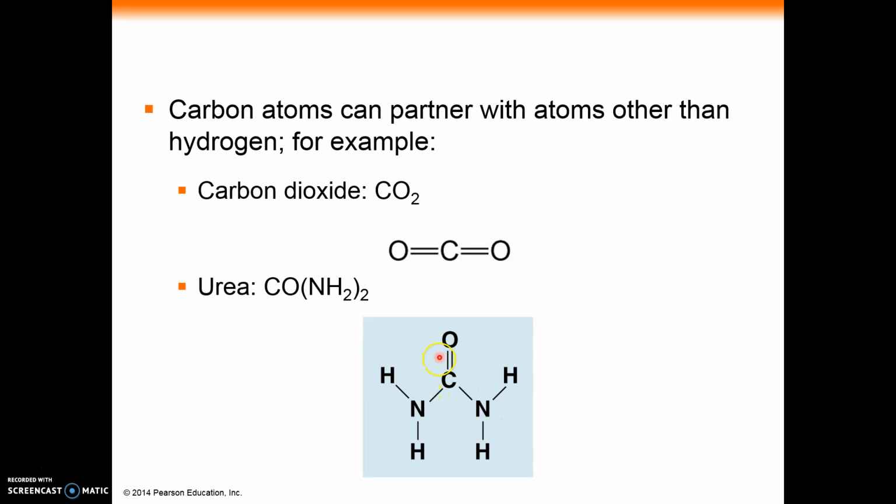So carbon, we can breathe out as CO2. Nitrogen, we can't breathe out, so what we do is we pee it out in the form of urea. So here we have carbon, double bonded with oxygen, and then nitrogen, and any empty spot is filled up with hydrogen.